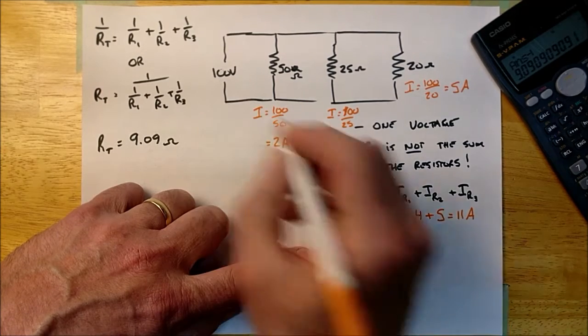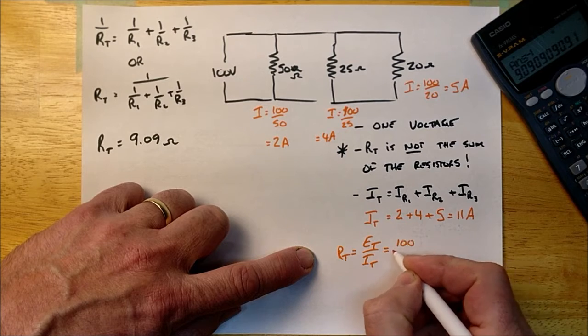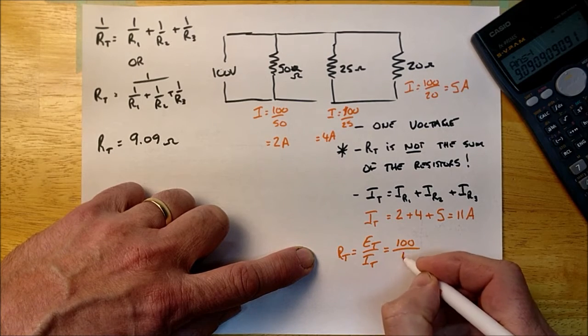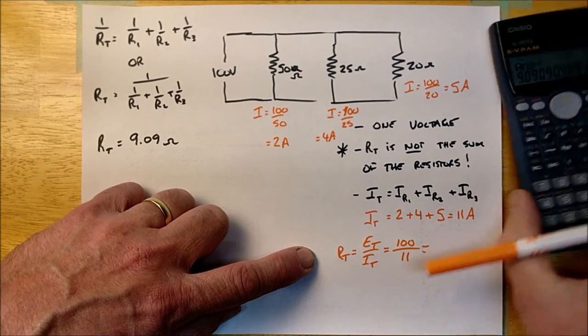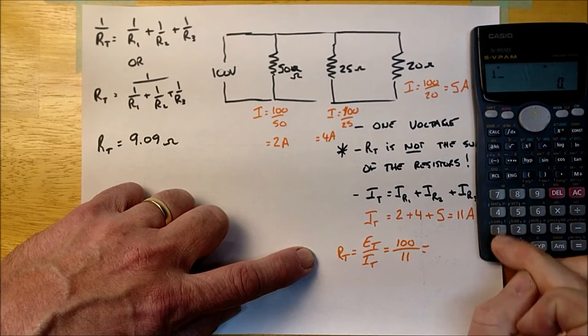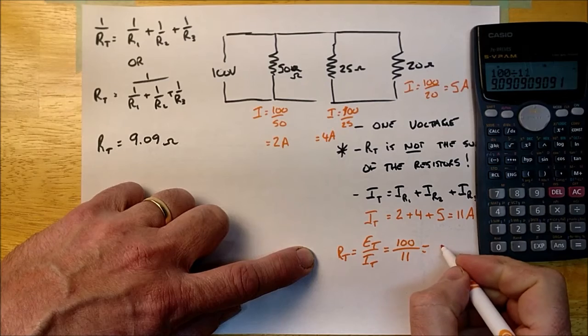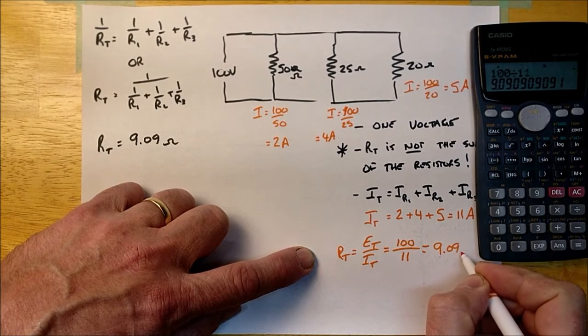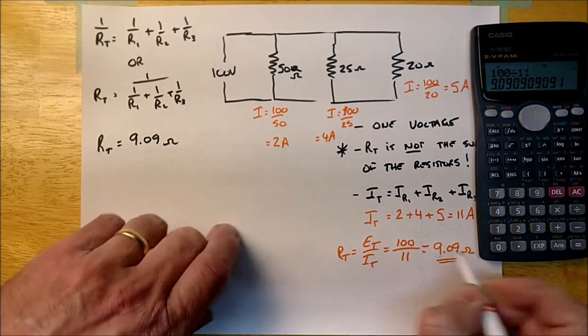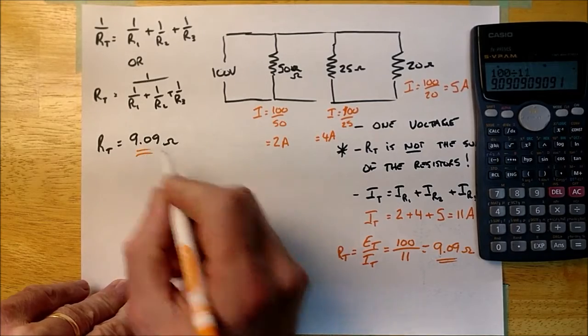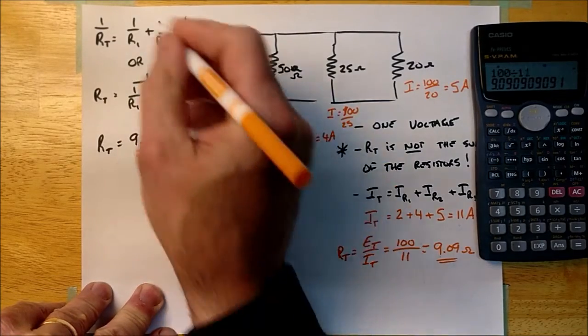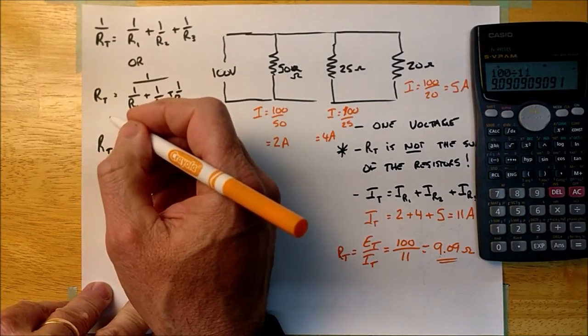ET is 100, and IT is 11. So 100 divided by 11 equals 9.09 ohms, all right?